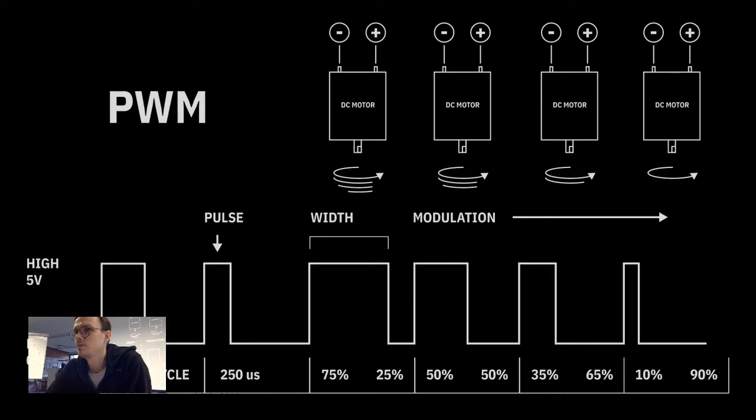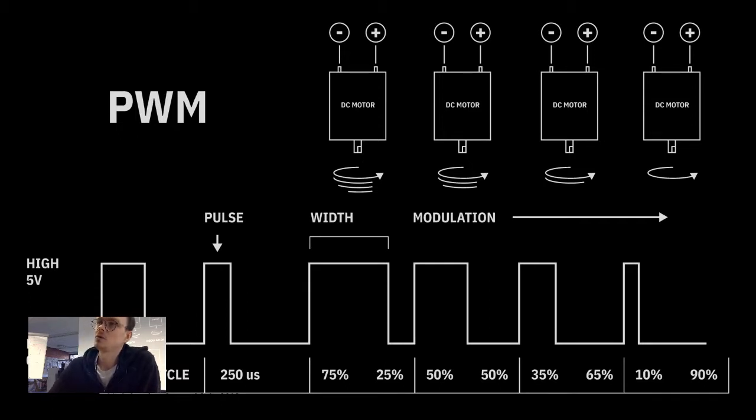So if we try to explain pulse-width modulation, the pulse is the time when the pin is on, and width is how long it is on, and modulation is when we modulate this width over time. So we make it bigger or smaller in relation to the length of the duty cycle, which is usually 250 microseconds, but it can be also longer.